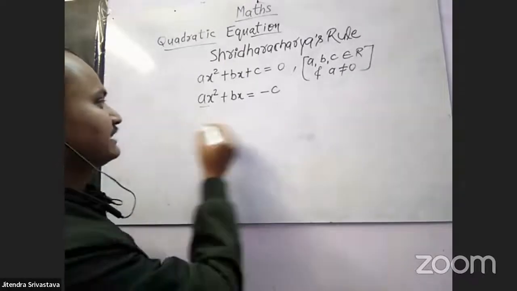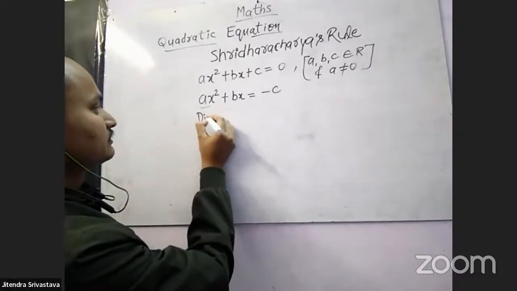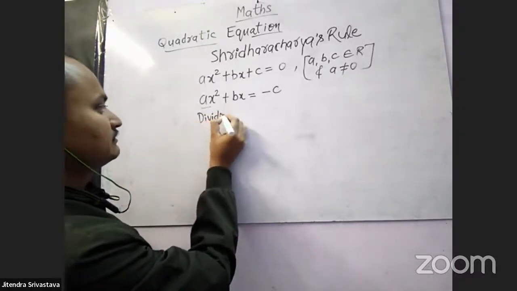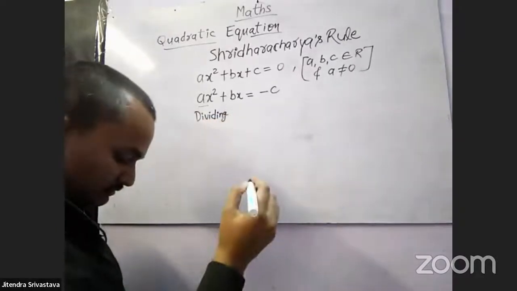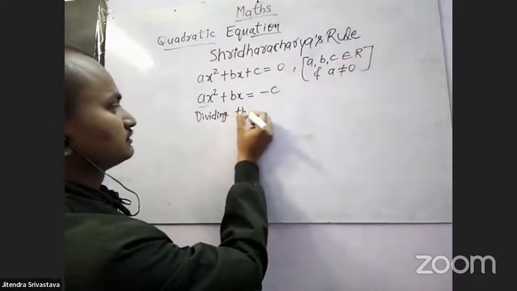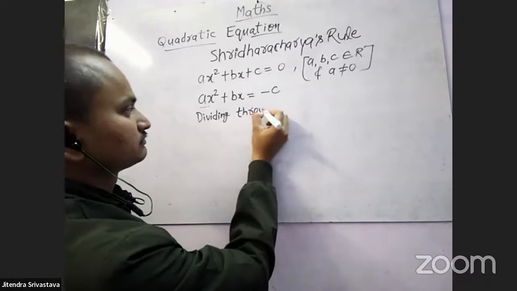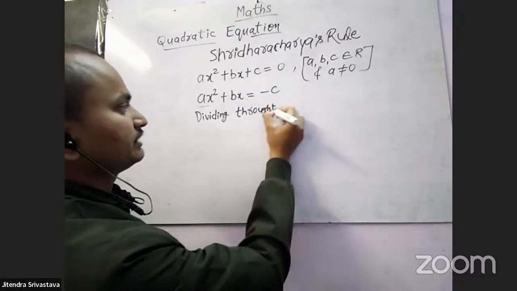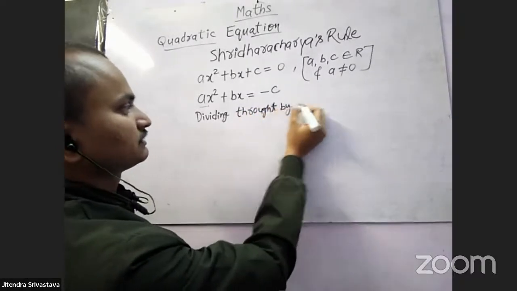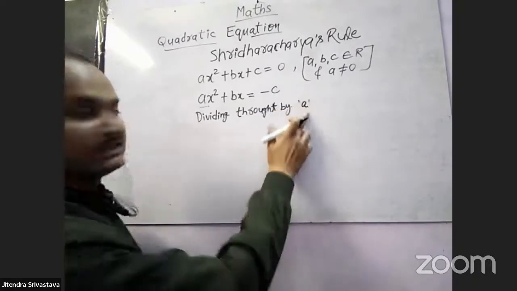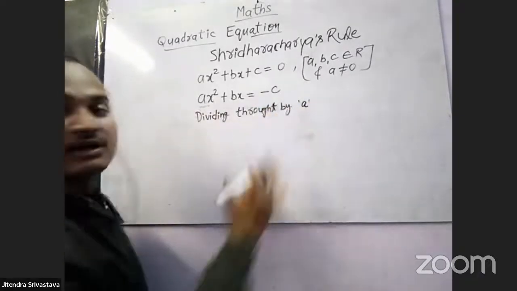Dividing throughout by a. So we have to divide the equation on both sides by a.